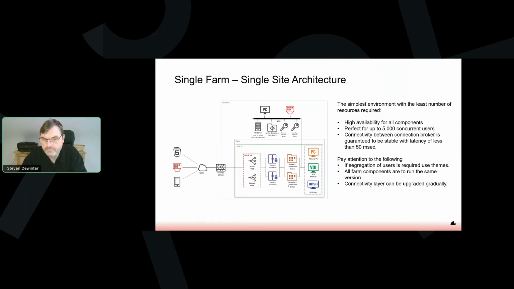Or for scalability, if you're going above a certain number of connections, you could have multiple connection brokers to load balance the traffic. It's the same story with the secure gateway. We can have multiple gateways, with a highly available load balancer in front of them to make things highly available.